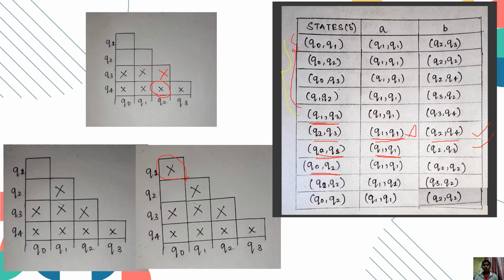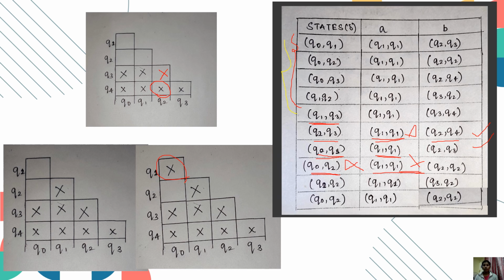Similarly, now we check for Q0 and Q2. Q1 Q1 and Q2 Q2, that is the reaching state of A and B of the combination Q0 and Q2. Both of the states don't exist, so practically they are not marked. So we are not going to mark this state. Next we'll check for Q1 and Q2.